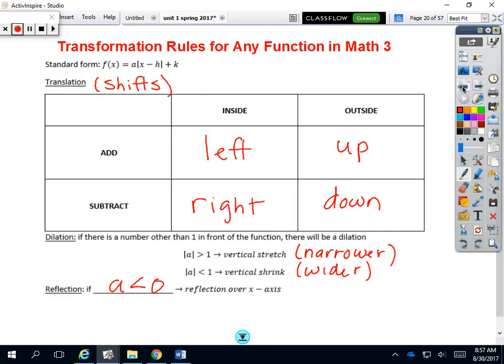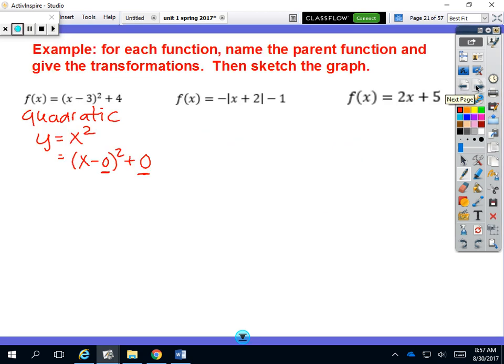So inside, subtract, means I went to the right 3. And plus 4, outside adding is up. So up 4. If I translate it from the parent, all I'm going to do is move the vertex right 3 and up 4. So this is all you need to do to sketch your graph.